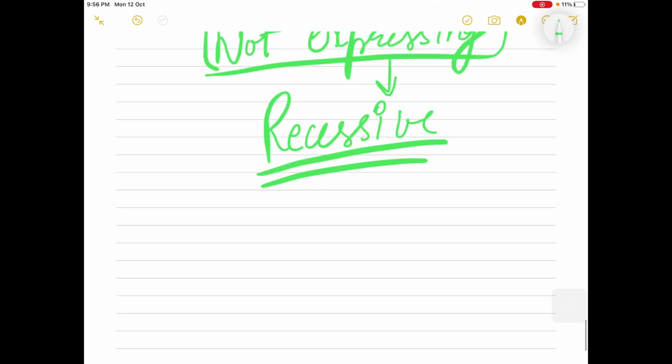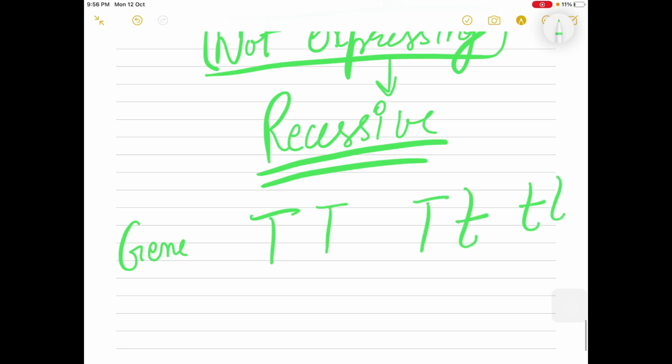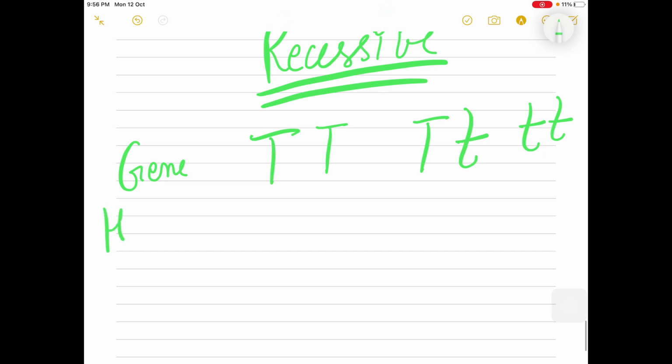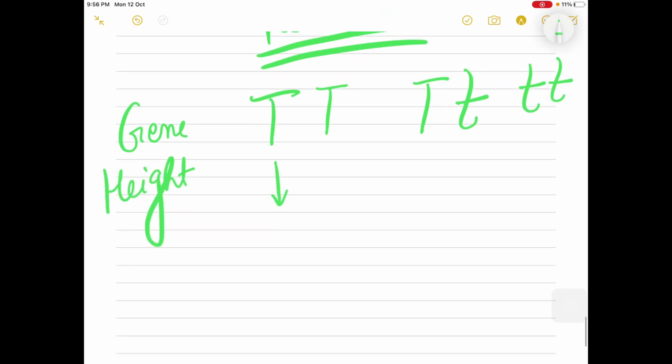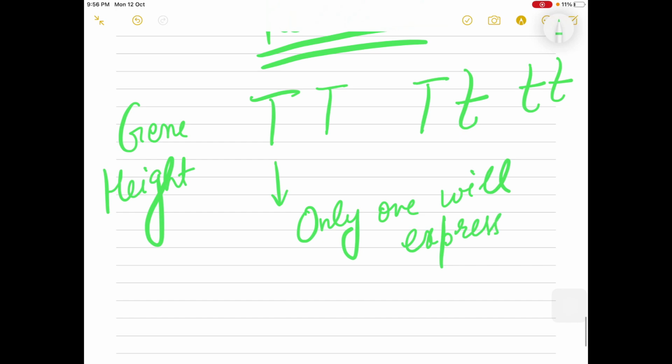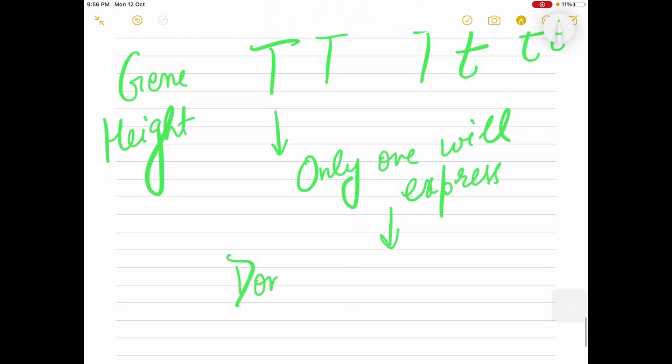So basically the gene has two alleles. It can be these types of alleles. I am taking height. Out of this, only one will express, right? And that allele which will express is known as dominant.